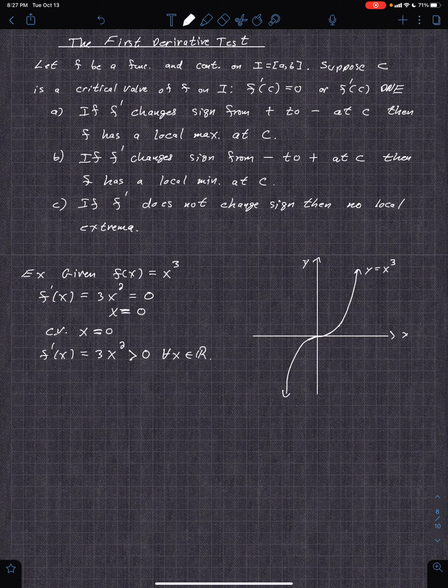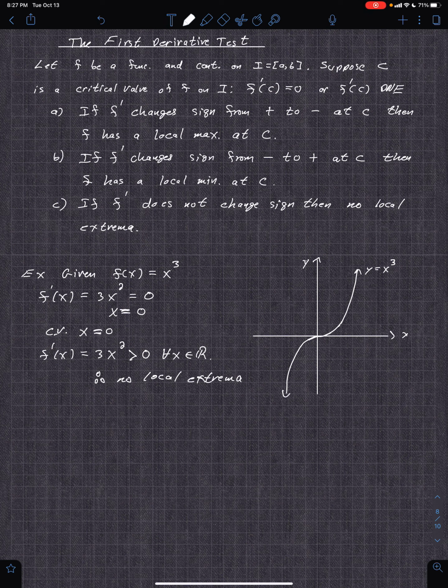So there's only one critical value. Local extrema always occur at critical values, and this test allows us to see if it is a local extrema, right? It's all building on itself. So therefore, no local extrema.